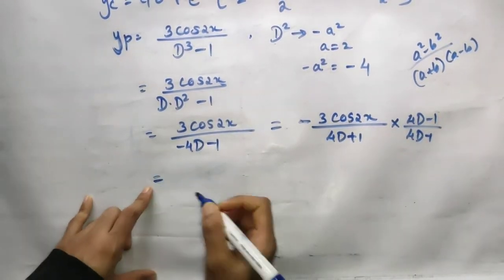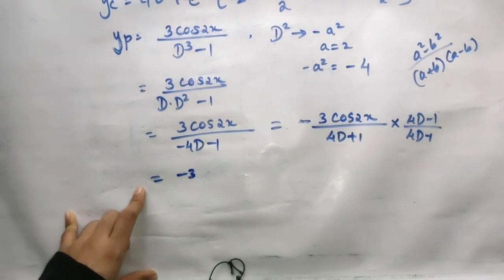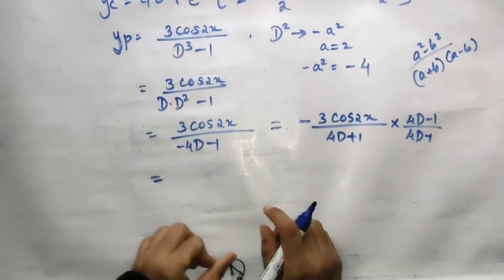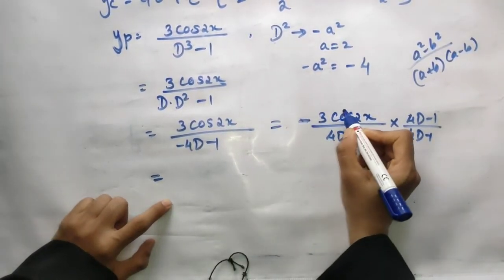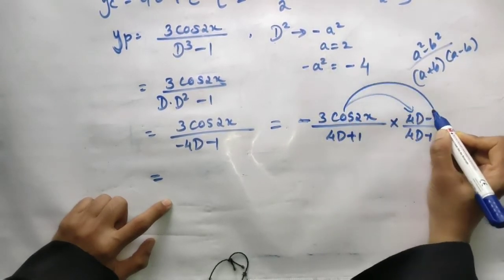So that is equal to minus 3 aside. You are multiplying this bracket over here. Multiply this complete minus 3 cos 2x with 4D, and multiply this by that.